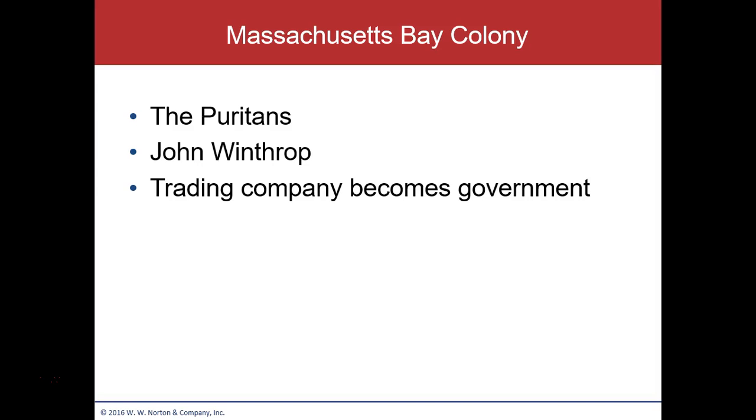He's using a technicality. So Winthrop headquarters the company in the colony itself, which was just a revolutionary idea at the time. Most of the time, these companies were headquartered in England, sometimes even in Asia. But not usually in the colonies.